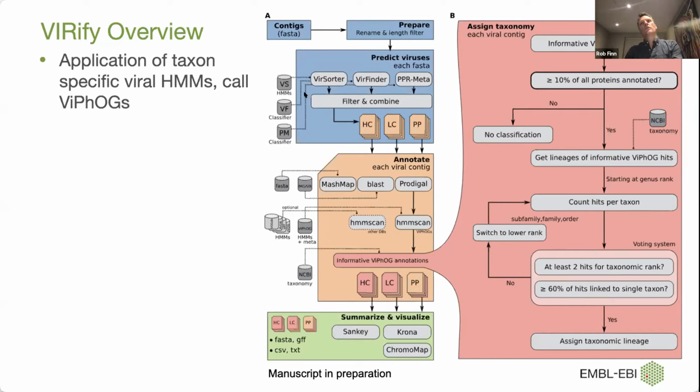We start off with an initial bit of standard QC of the contigs that have come from a MGnify assembly. We then run VirFinder, VirSorter, and PPR Meta, and then we combine the results and try to establish a high confidence and a low confidence set of contigs, and then we annotate those.